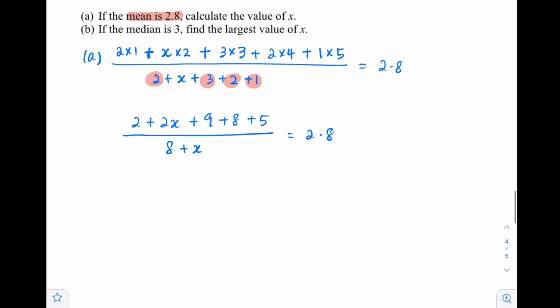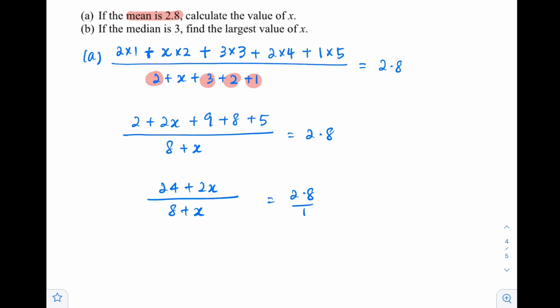Let's try to simplify our numerator. We have 2 plus 9 plus 8 plus 5. That would give us 24 plus 2x divided by 8 plus x, and this is equal to 2.8. So 2.8 can be rewritten as 2.8 over 1.